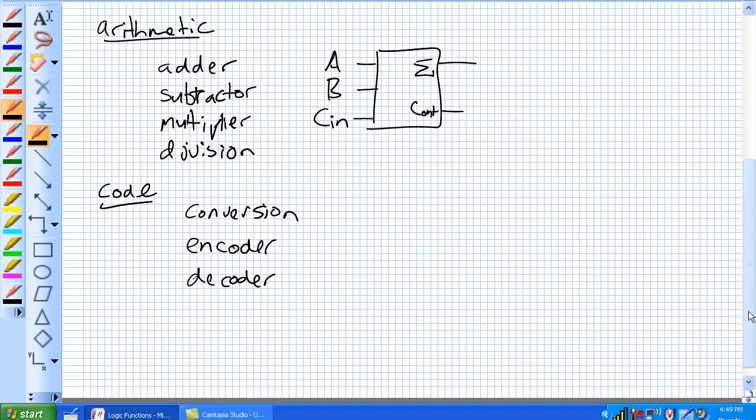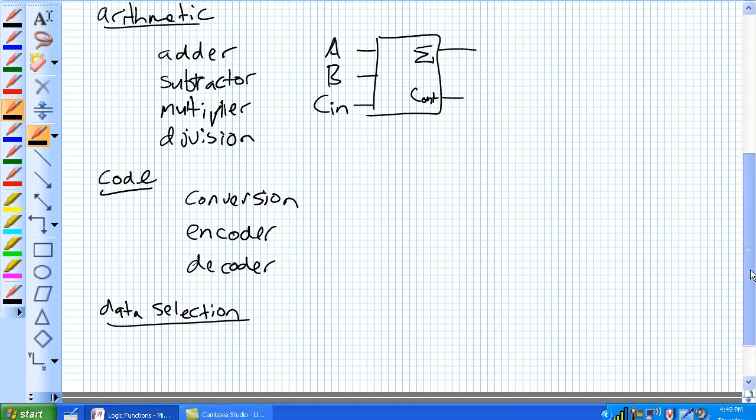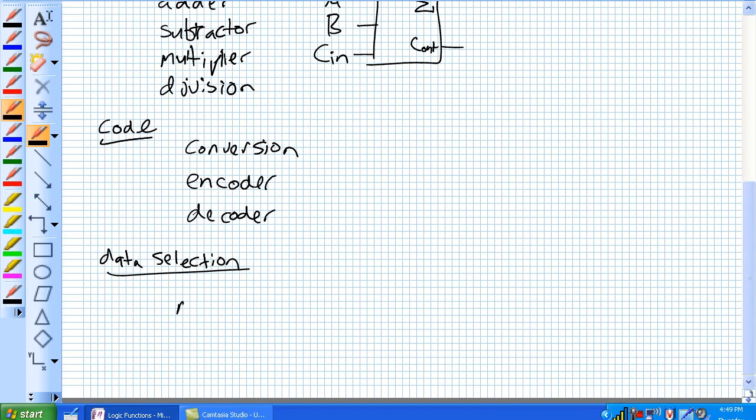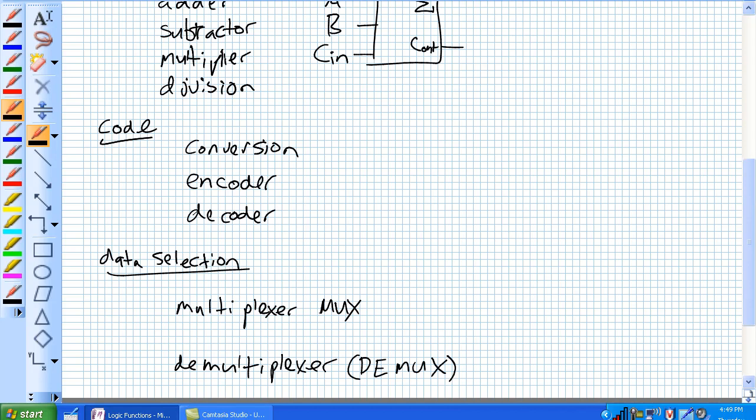The next basic logic function is data selection. This uses two basic circuits, a multiplexer and a demultiplexer. These are often written shorthand, mux and demux.